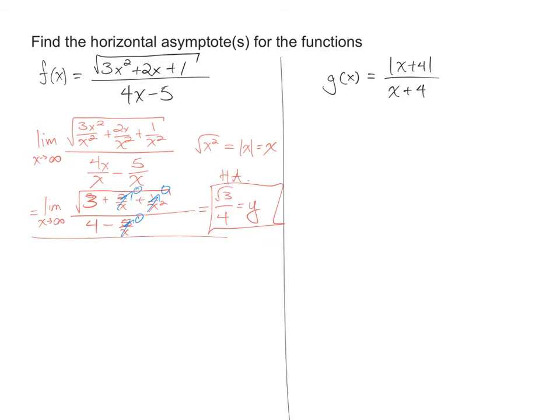The next time around, you want to take the limit as x approaches negative infinity. And so I'm going to call this just f of x, and I'll write down the division part after a brief explanation. Since we're going to negative infinity, the square root of x squared still equals the absolute value of x.